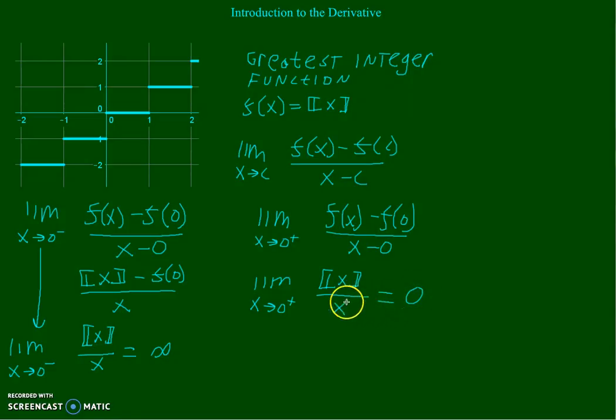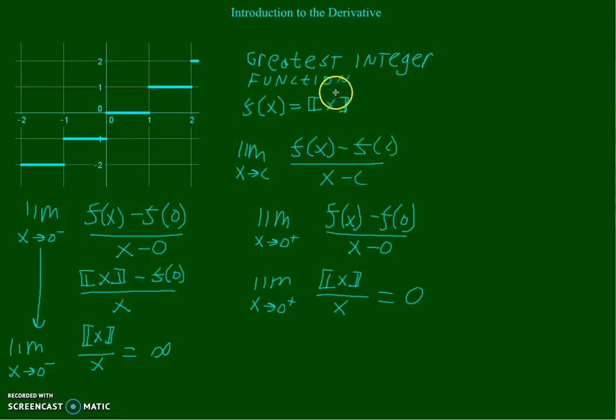And now we have a condition here where the left-handed limit and the right-handed limit are different values. From our discussion on limits, when the left-handed limit differs from the right-handed limit, the limit doesn't exist. So this function is non-differentiable because it is discontinuous, because the limit from the left and the limit from the right are differing values, therefore the limit doesn't exist.